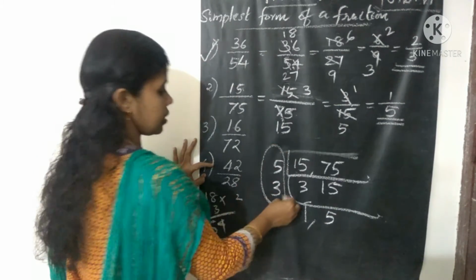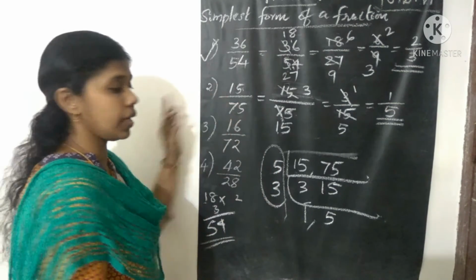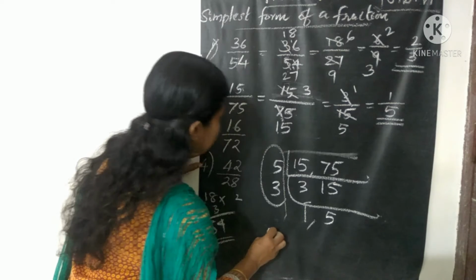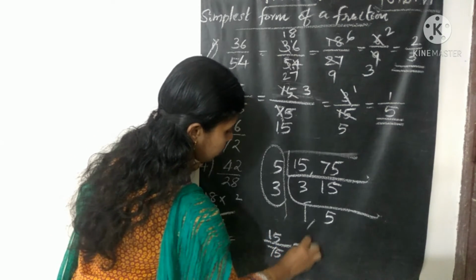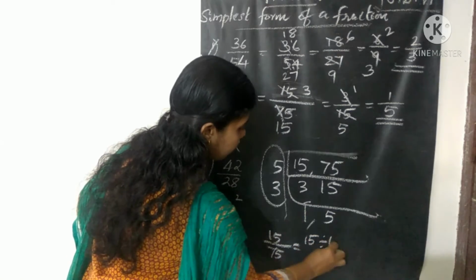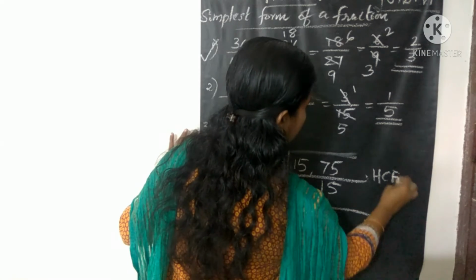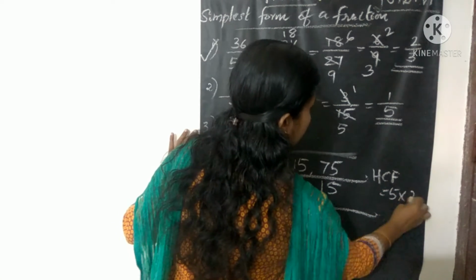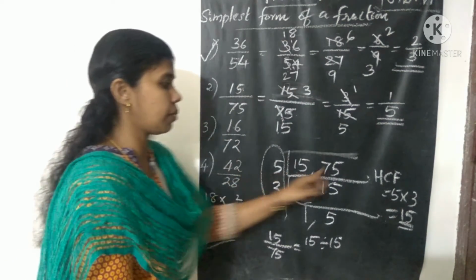Then what is the HCF? HCF equal to 5 into 3. That is equal to 15. Okay. So the HCF is 15.